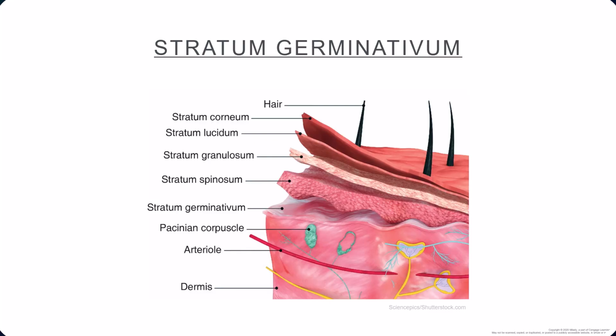The cells in the basal layer, or the germinativum layer, produce the necessary lipids that form the cell membranes and hold the cells together. There are also Merkel cells, which are sensory cells that are the touch receptors, and they're also located in the basal layer.